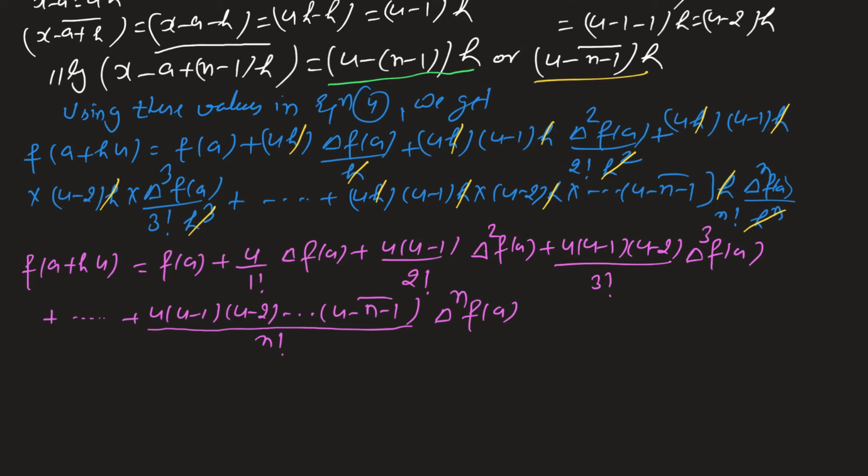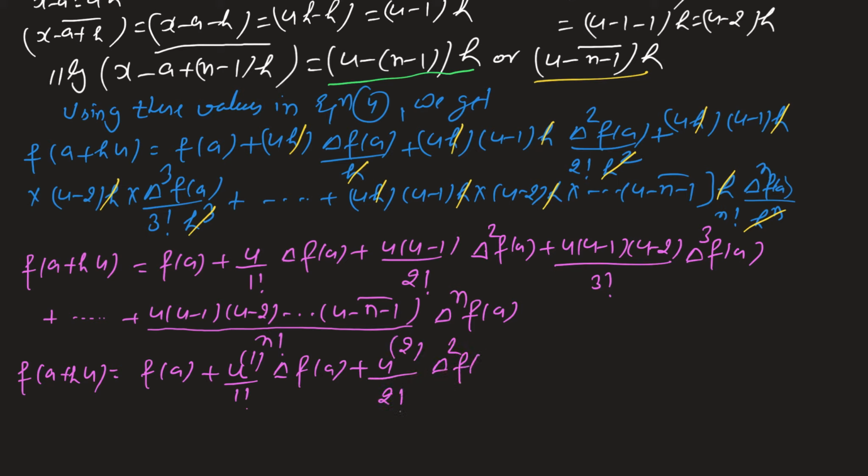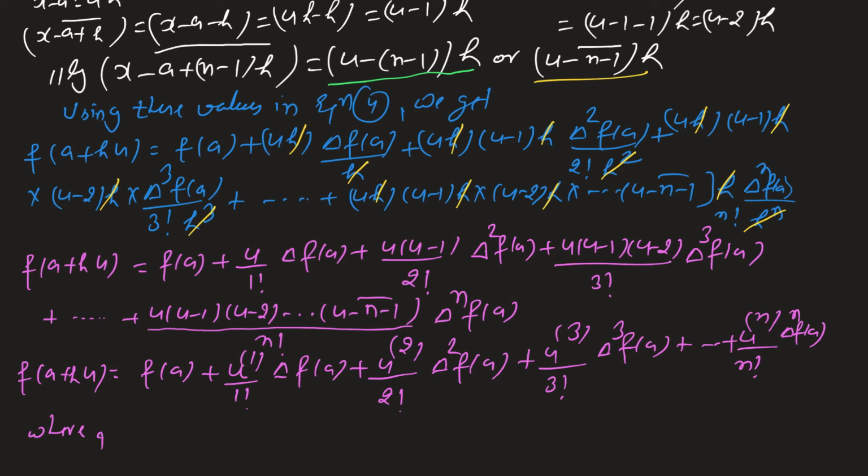and in subscript notation, this could be written as f of a plus hu is equal to f of a plus u1 by 1 factorial delta f of a plus u2 by 2 factorial delta square f of a plus u3 by 3 factorial delta 3 f of a and so on u n by n factorial delta n f of a, where you mention the meaning of u r is equal to u minus 1 u minus 2 up to u minus r minus 1.